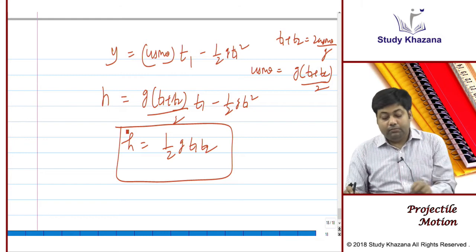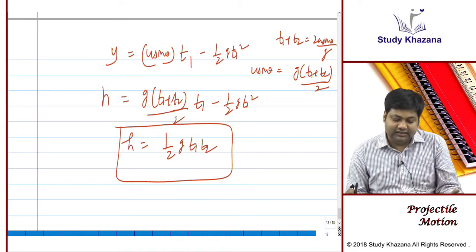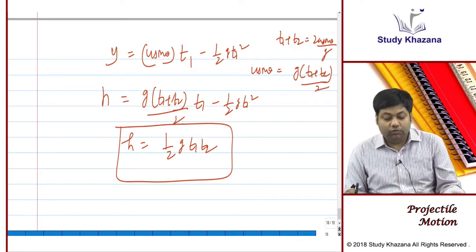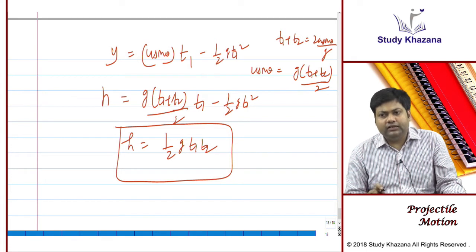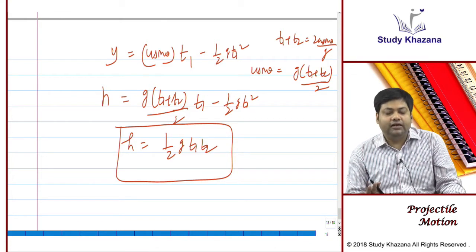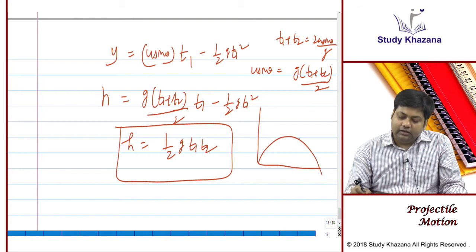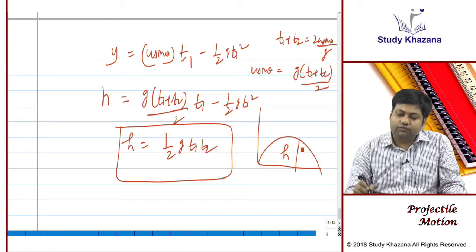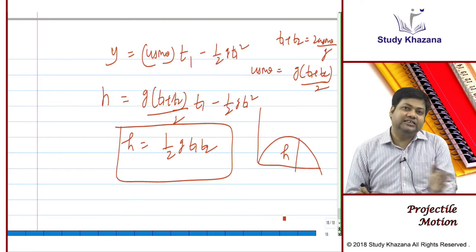So going back to the point where we started the problem, this is the particular point h. How we can use this in the problems I will explain further. So let's say you are given that the projectile is projected in such a way that at a height of, let's say, 5 meter, it takes 5 seconds before reaching that height.